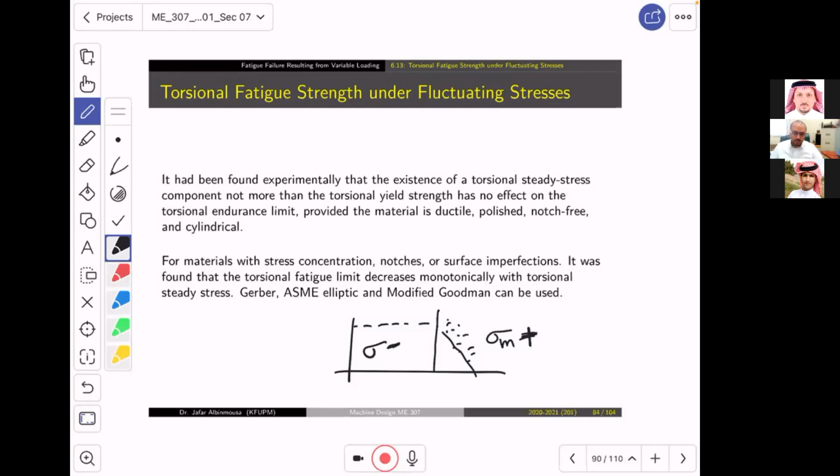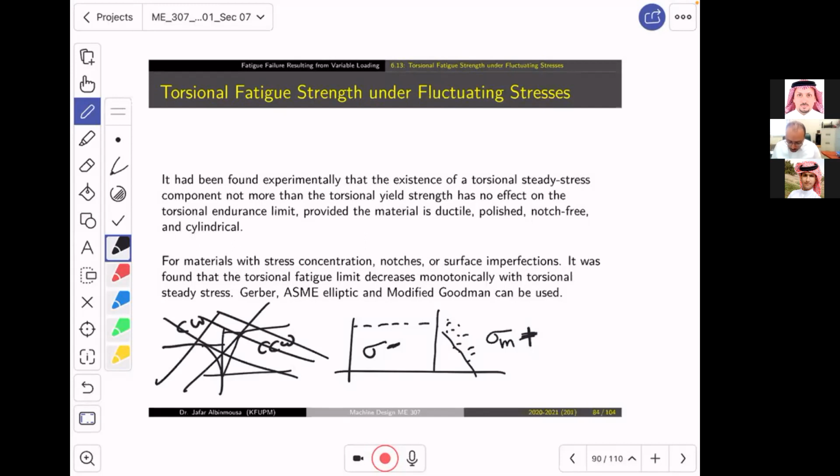First of all, in torsion there is no meaning like compression. When you twist a material clockwise or counterclockwise, you will not have one curve like this and another curve like this with different yield, where you say this is counterclockwise and this is clockwise. No. That doesn't happen. It's the same.